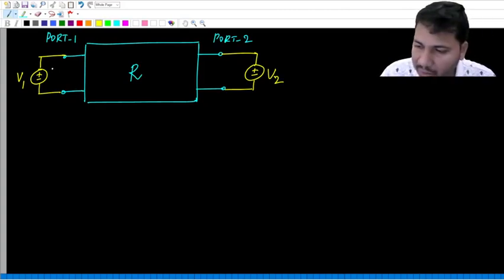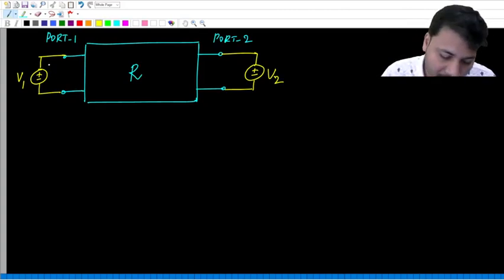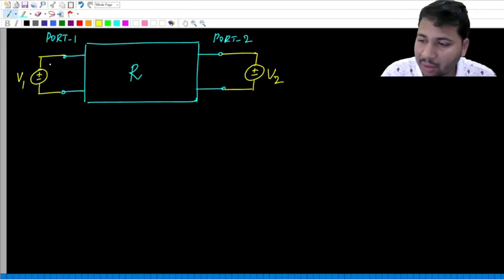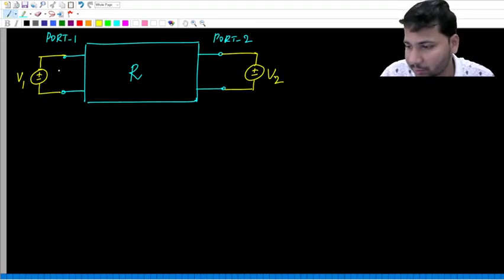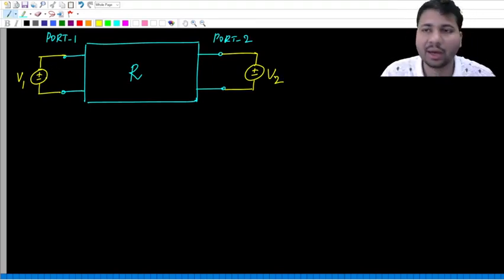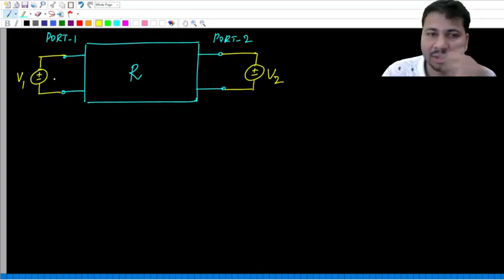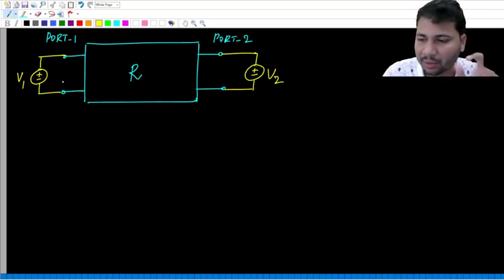The current direction is assigned such that the current flows out of the plus terminal of the independent source. Or the current direction will be assigned such that the product of voltage and current will give you the power supplied by the independent source. I repeat, the current direction is assigned such that the product of the voltage and the current will give you the power supplied by the independent source at that port.